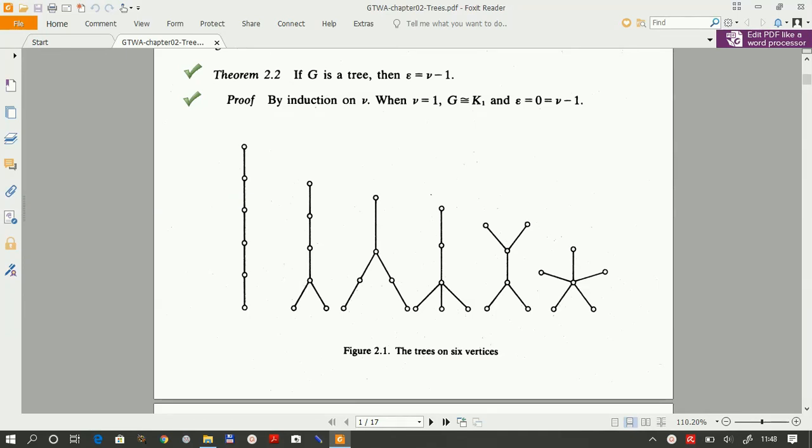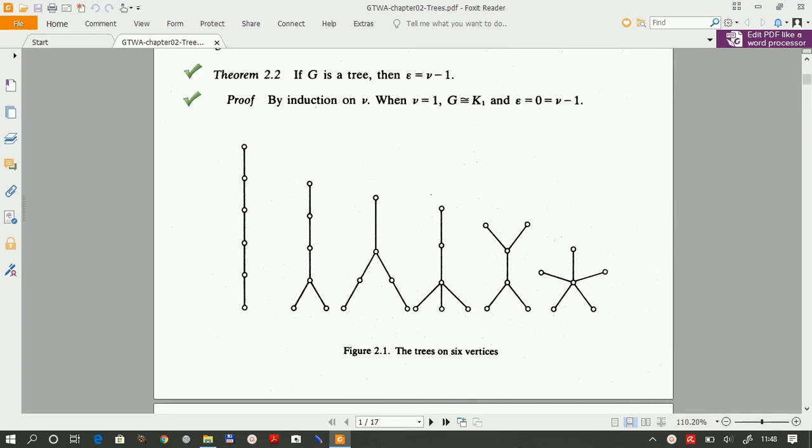Okay, let's take over where we were at the proof of Theorem 2.2. If G is a tree, then epsilon is equal to n minus 1. That is, the number of edges is 1 less than the number of vertices in a tree. The induction is on the number of vertices.